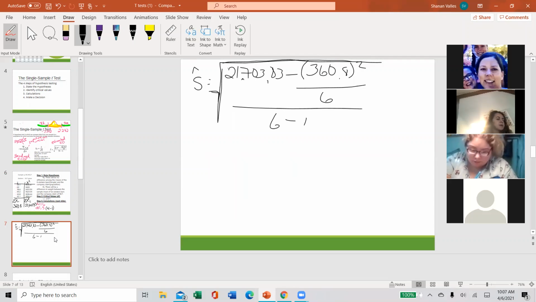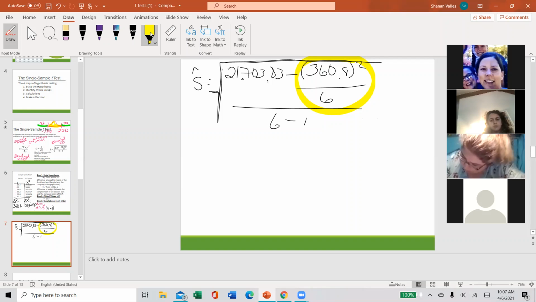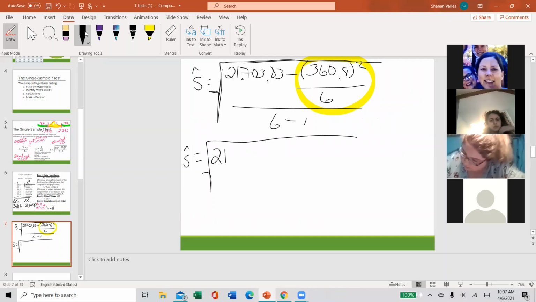With standard deviation, remember, it's always easiest to do this stuff first over here. Let's do all of this over here first. So that means I have to write this annoying number again. Minus, now let's see. This 360.8 squared is going to be a ginormous number.